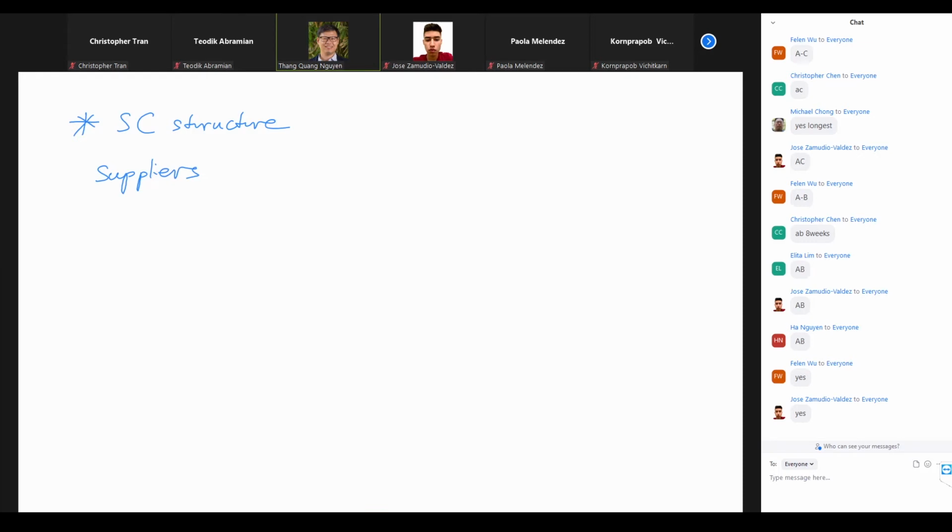So first of all, we have the suppliers, and normally we might have tier 3 that supply to tier 2, and then supply to tier 1, right? And then the tier 1 will supply the parts and components to the manufacturer. All right. So we have the manufacturers right here.